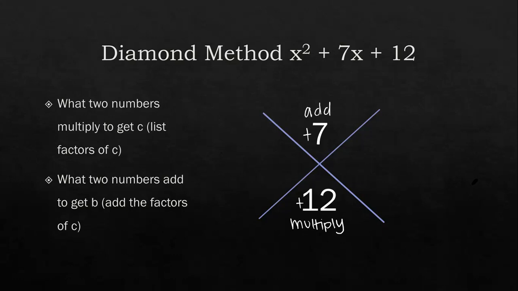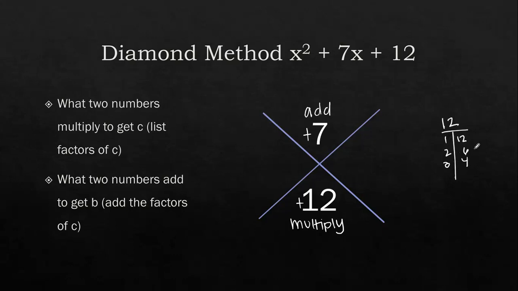Now these numbers are simple, but when the numbers get higher and harder, this is something you can do: take your 12 and list out the factors of 12. What multiplies to give us 12? 1 times 12, 2 times 6, 3 times 4.